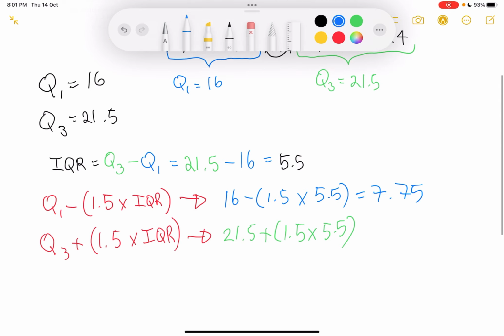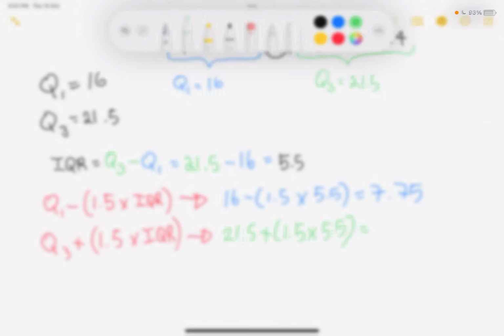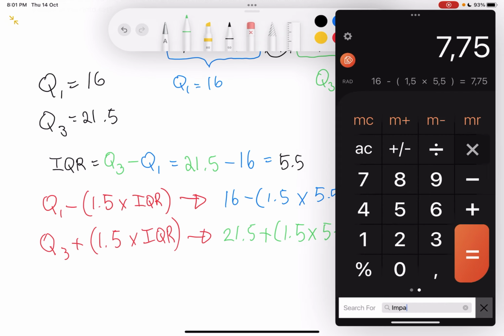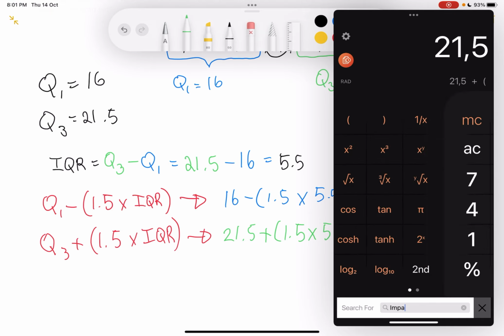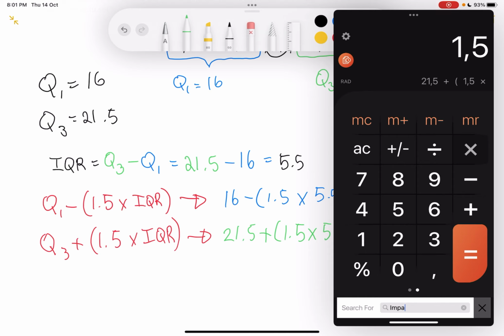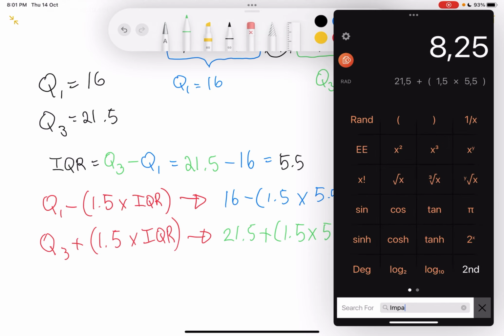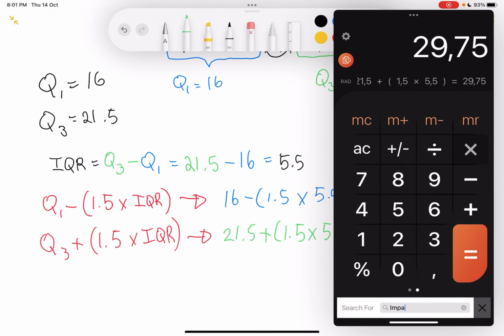However, let us just calculate the upper boundary as well, just for the sake of it. And you have 21.5 plus, open parentheses, 1.5 times 5.5, close parentheses. You get 29.75.